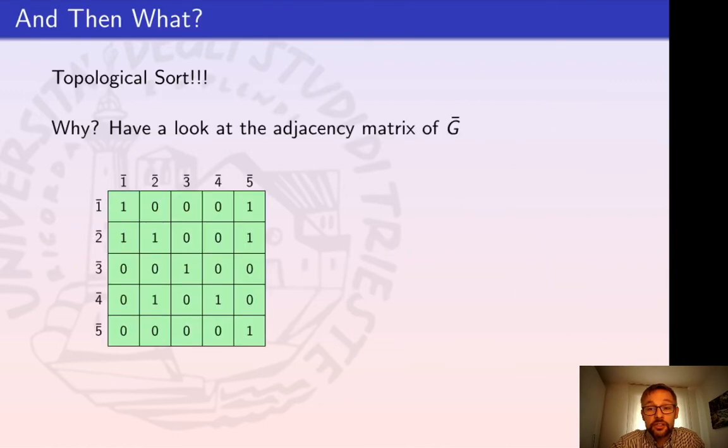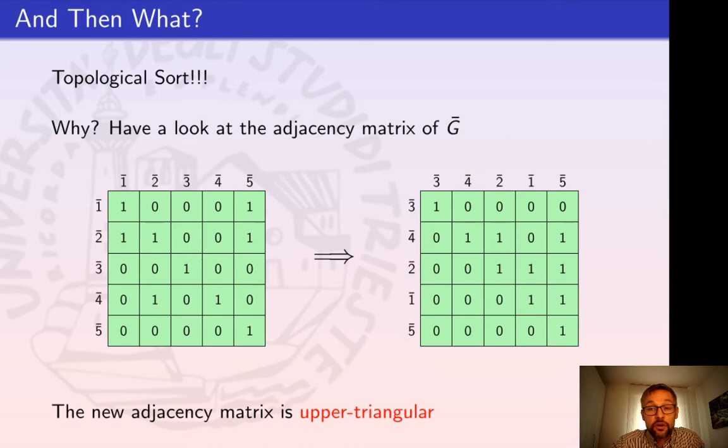And then you need to have the intuition that by using topological sort on a DAG, you end up with an upper triangular matrix. And again, this alone is not really interesting.